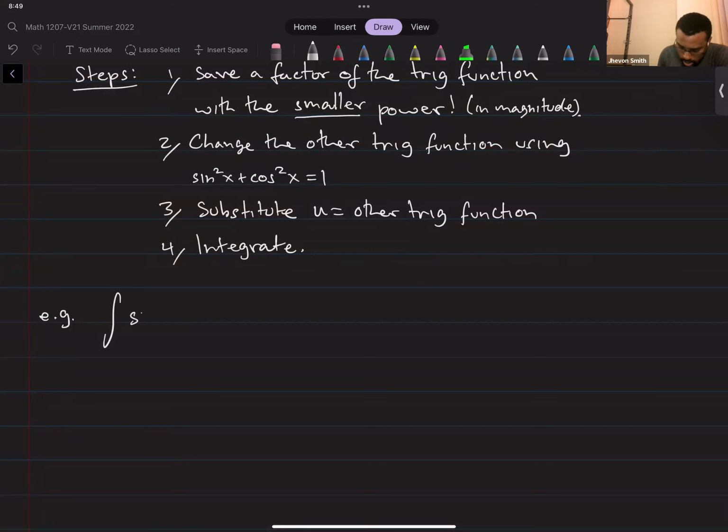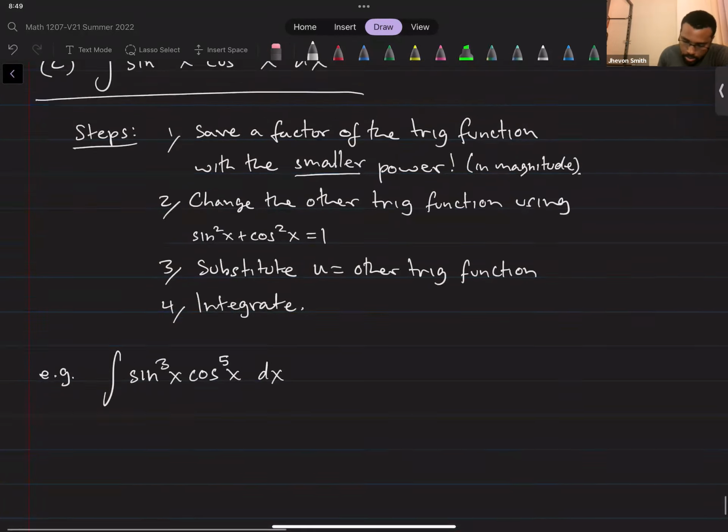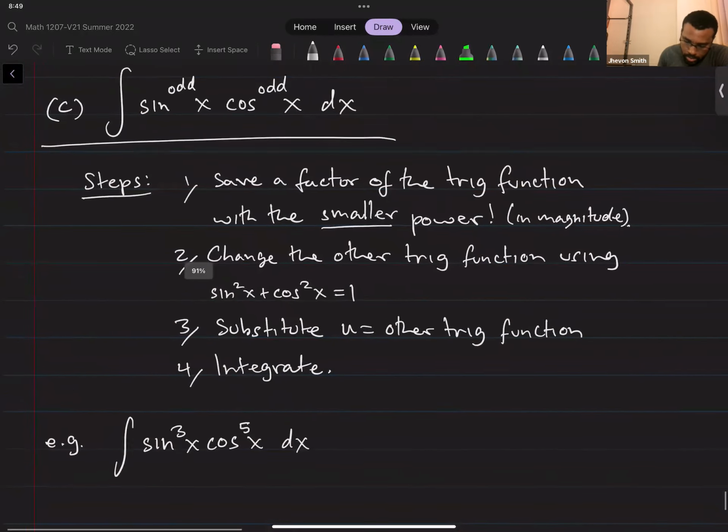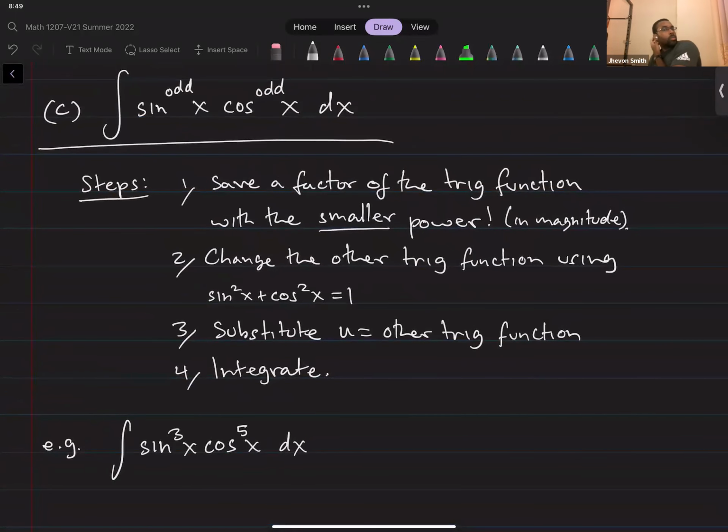So let's say I have sine cubed times cosine to the 5th. In the case that both are odd, this is the strategy. Technically, you can save either one, but saving the smaller power will always put you in a situation where it's computationally easier to dig yourself out.